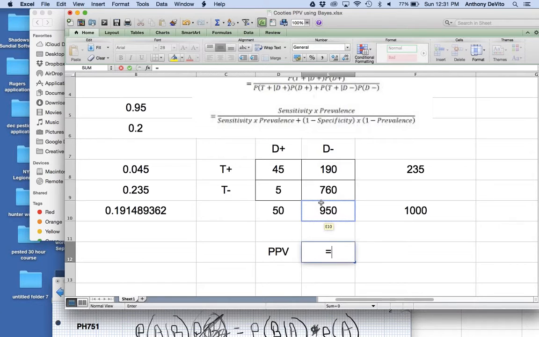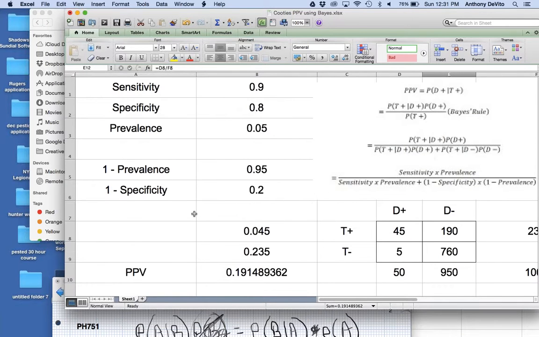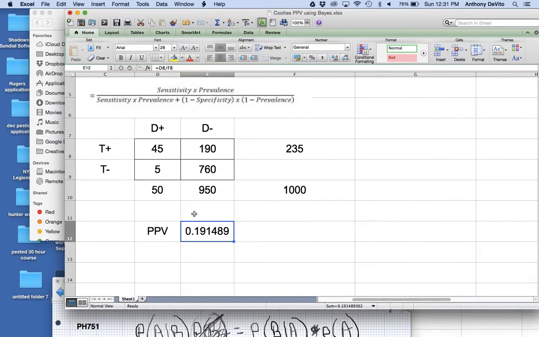Out of 235, 45 tested positive, so 45 divided by 235. And in fact, look at that, we get exactly the same number for the result. So our analysis here using Bayes' theorem worked just as it would have worked if we had the crosstabs for a random sample from the population.